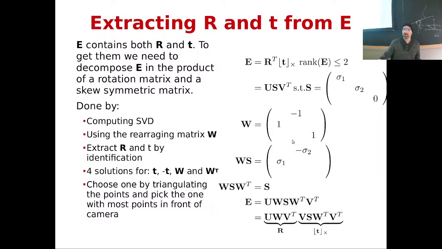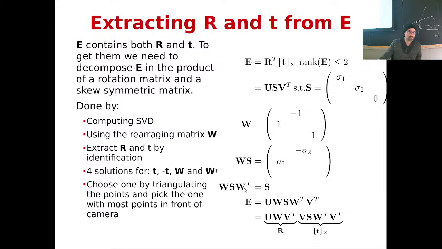Now, if you apply this transformation again by multiplying by W transpose, which I remark is a rotation matrix, to the right, I will obtain once again the matrix S. So I could replace anywhere I want: instead of S, I could write W S W transpose, because they are the same.